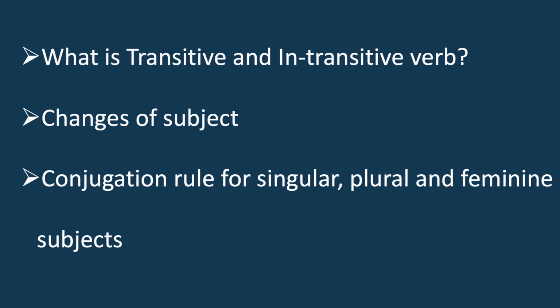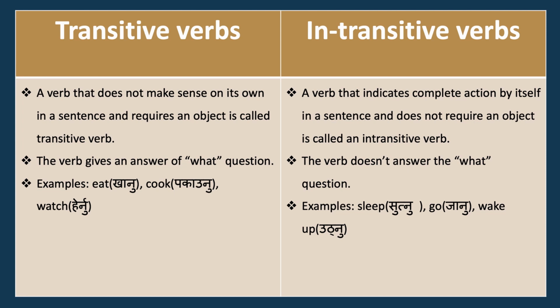First, let's move on to what is transitive verb and what is intransitive verb. Transitive verbs are those verbs which do not make sense on their own in a sentence and require an object. The verb which does not make sense without an object is a transitive verb. It gives the example of what question.